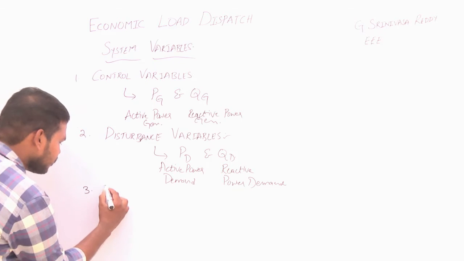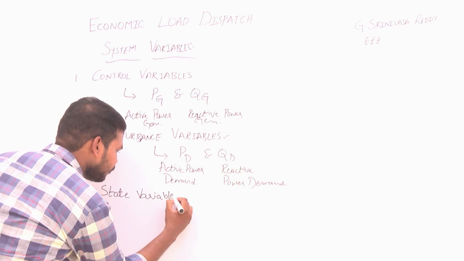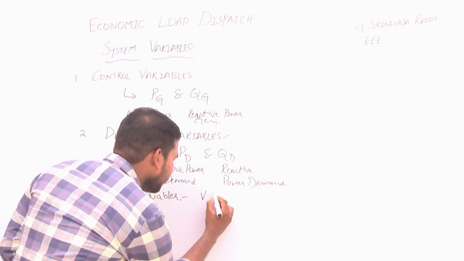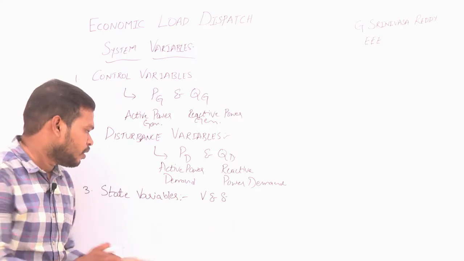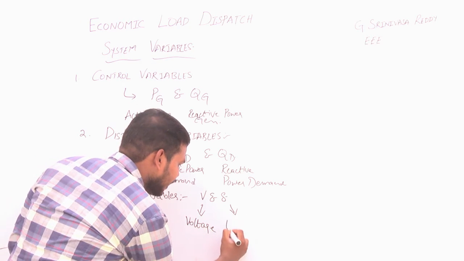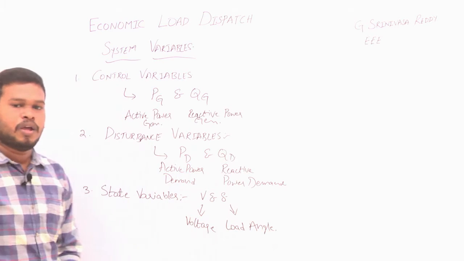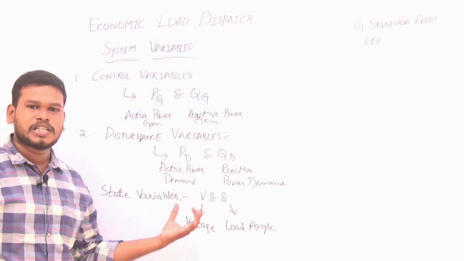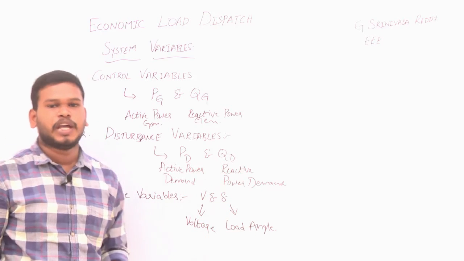So third one is state variables. State variables are nothing but V and delta. Delta is nothing but load angle. V is voltage, delta is load angle. So these two are the state variables in a power system network, right? So these variables are also called as dependent variables.